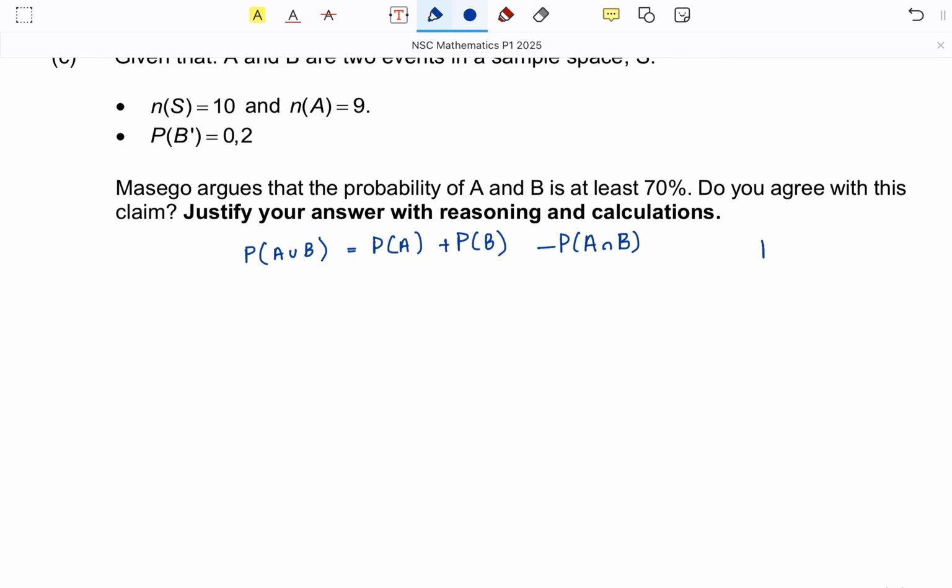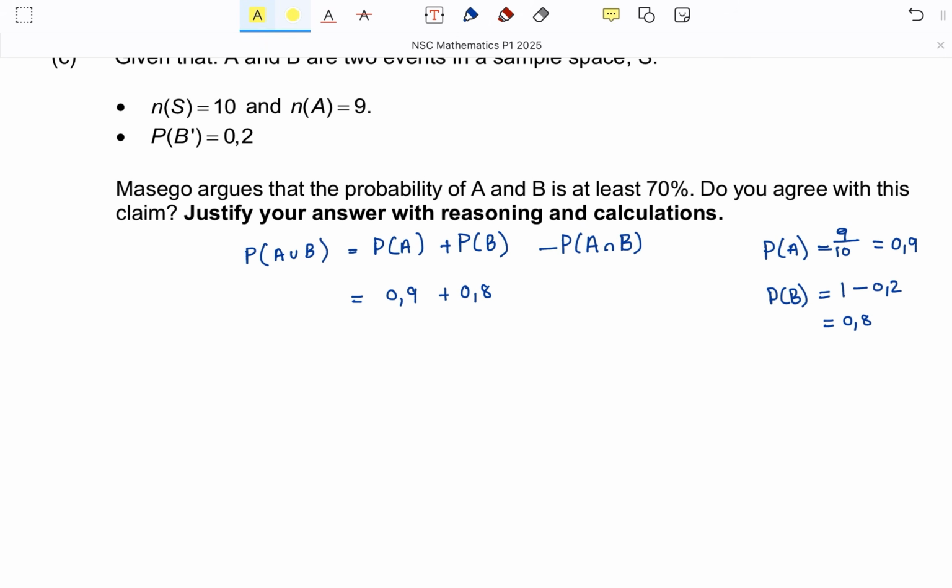The first one is the probability of A that we can get. It is 9 out of the 10, which is also 0.9 in decimal. And then for the probability of B, we would just say 1 minus not B, and that would give us the probability of B. So we've got 0.9 plus 0.8.